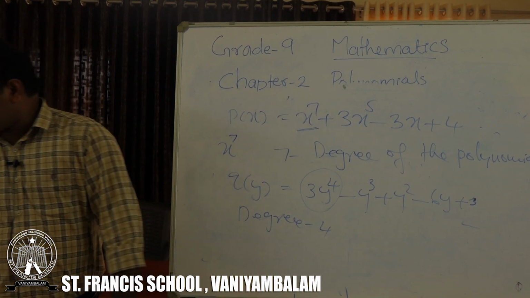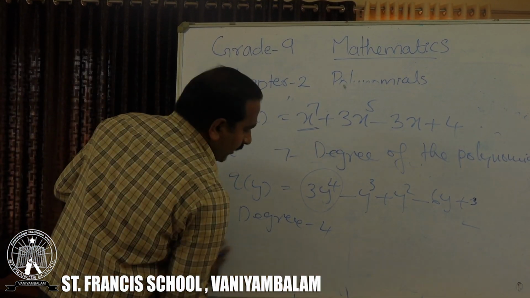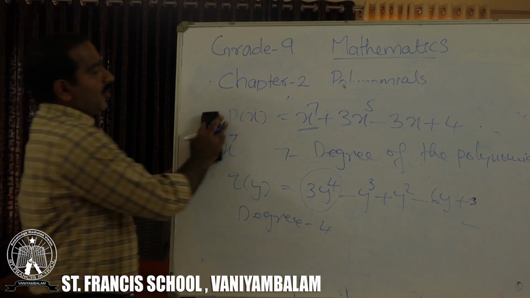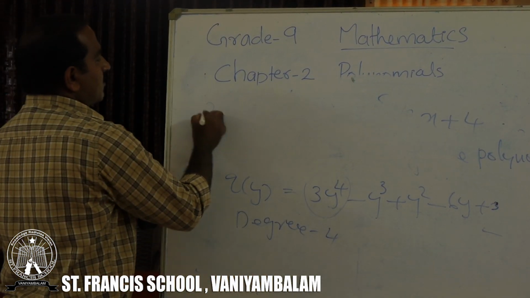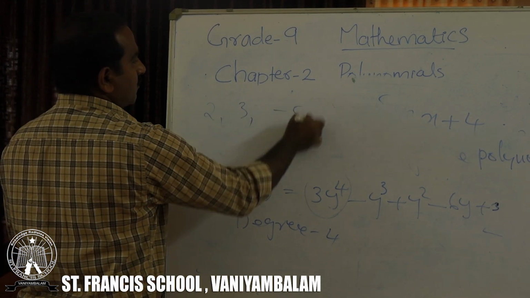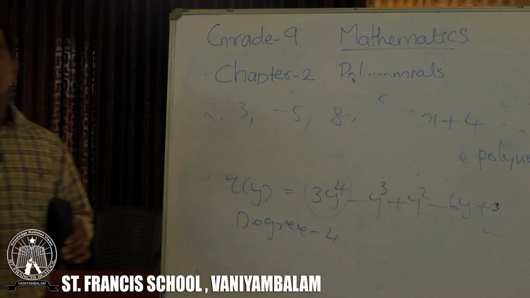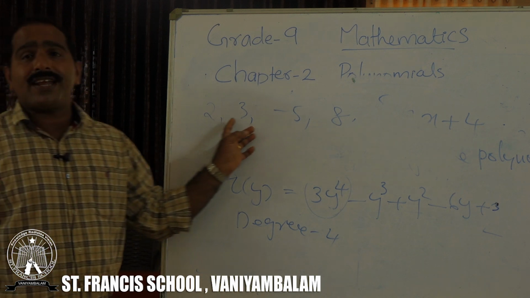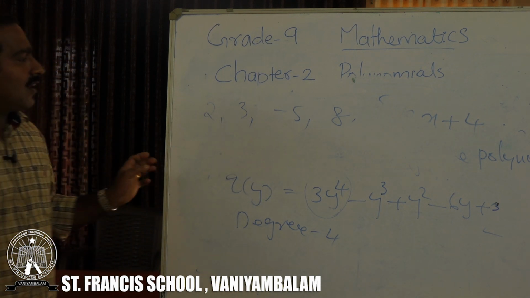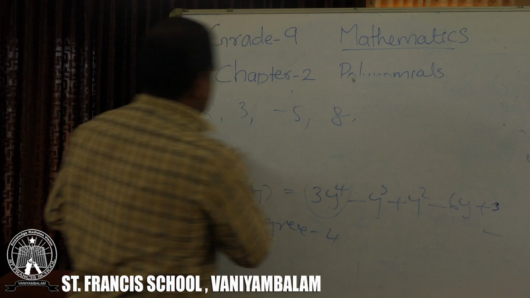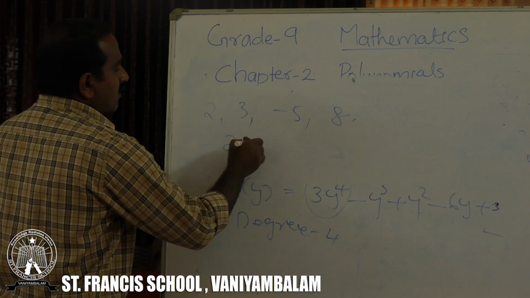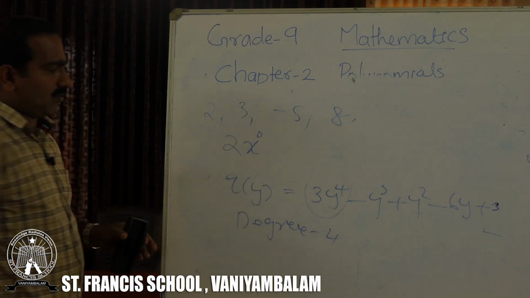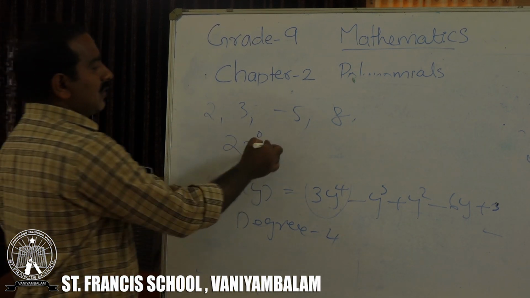Now, can you say the degree of a constant polynomial? We know constant polynomials such as 2, 3, minus 5, 8, etc. What will be the degree of these constant polynomials? The constant polynomial 2 can be written as 2x raised to 0, which is equal to 2.